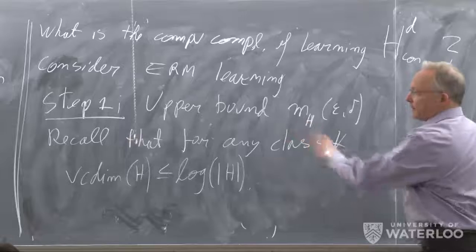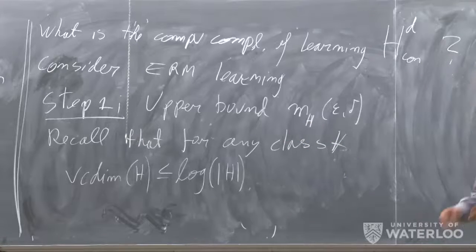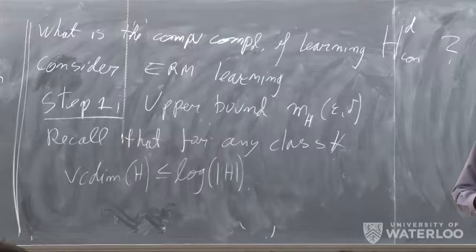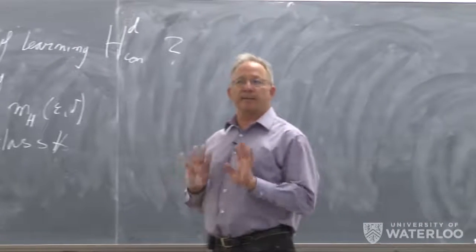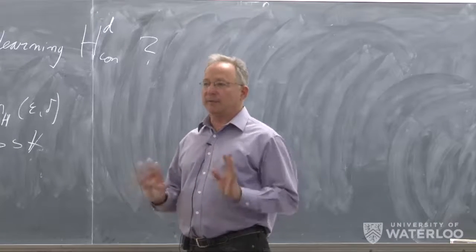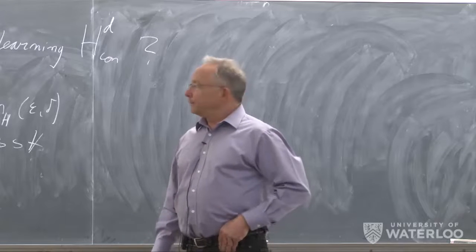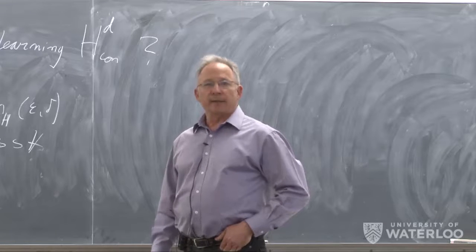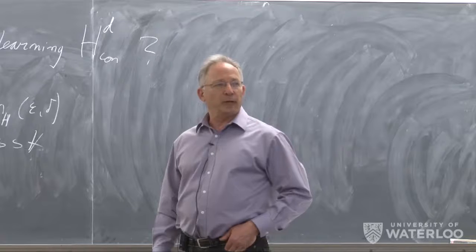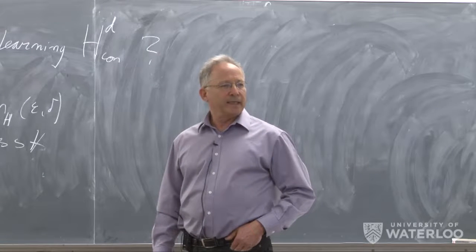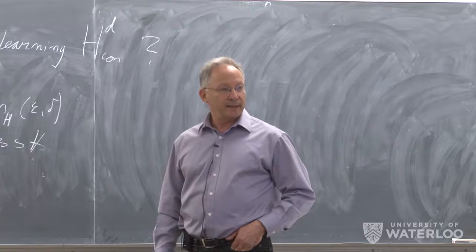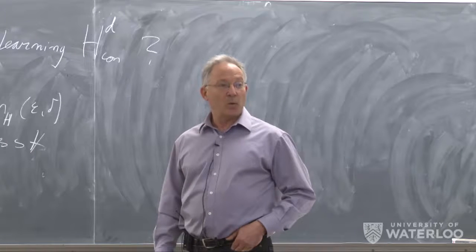So now we have to estimate how many conjunctions we can have, which sounds a little bit simpler than estimating VC dimension, just counting. So does anybody have an idea of how to count? Yes? I was going to say it's 2d because there's 2d literals, each one could or could not be in the conjunction.